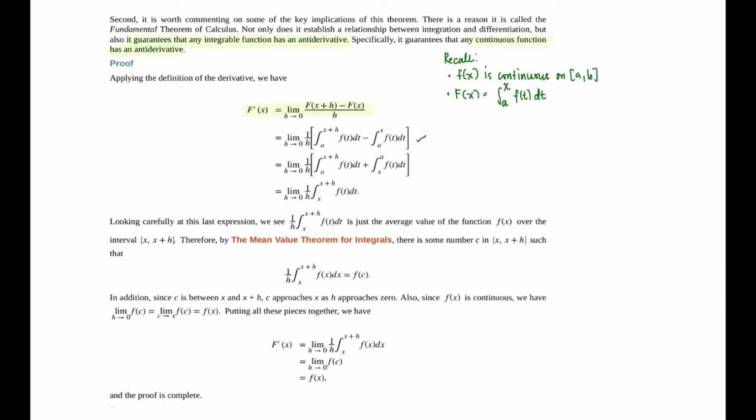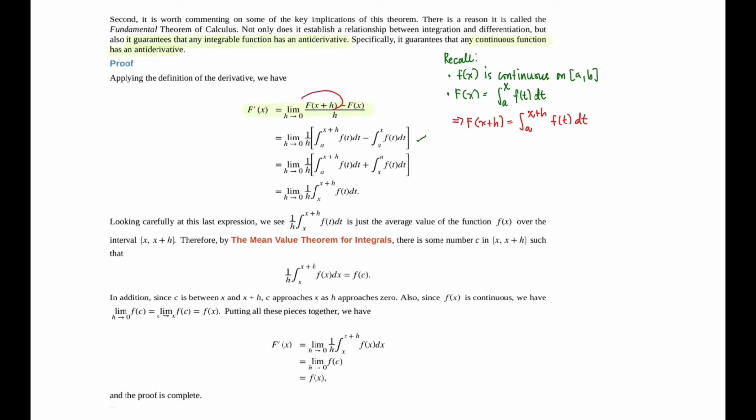So if big F of x is the integral of f of t dt from a to x, then it follows that big F of x plus h, the original argument of the function is x, now the argument is x plus h, meaning we replace x with x plus h, is equal to the integral from a to x plus h of f of t dt. So that's why we have this.